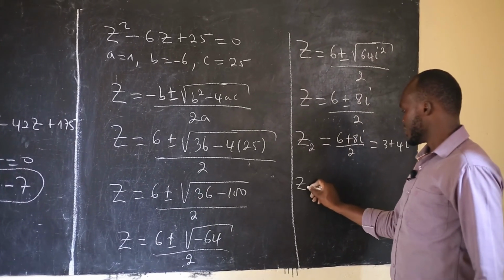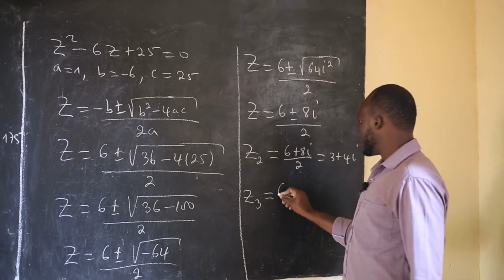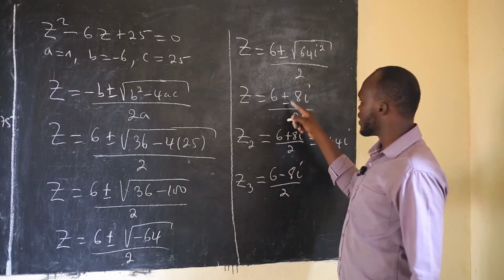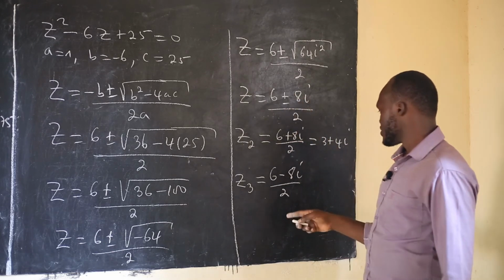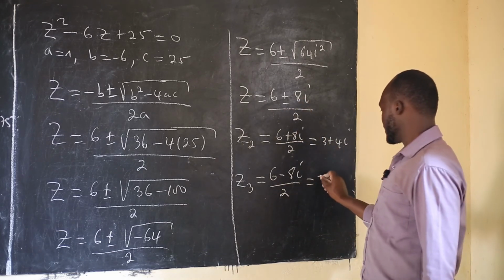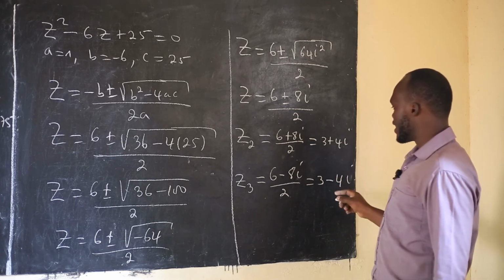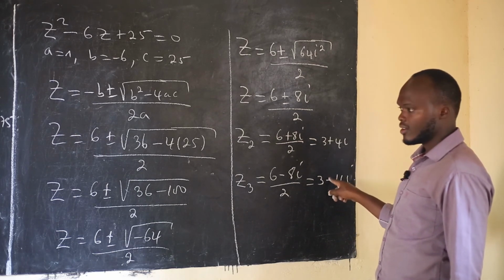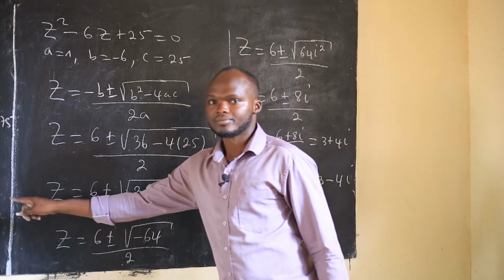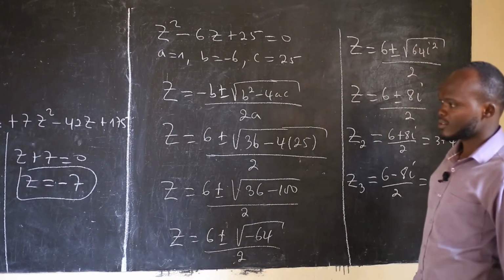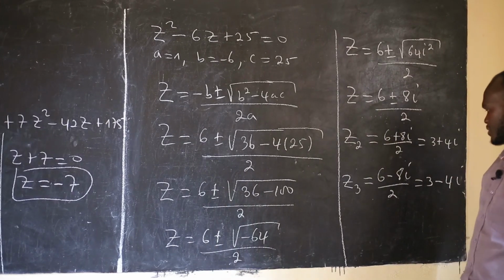So z3, the answer is 6 minus 8i divided by 2. I'm using this because we have plus or minus. So 6 divided by 2 is 3, 8 divided by 2 is 4. You see, those are two roots. With this one, we have 3 roots, because our polynomial is a third-degree polynomial.